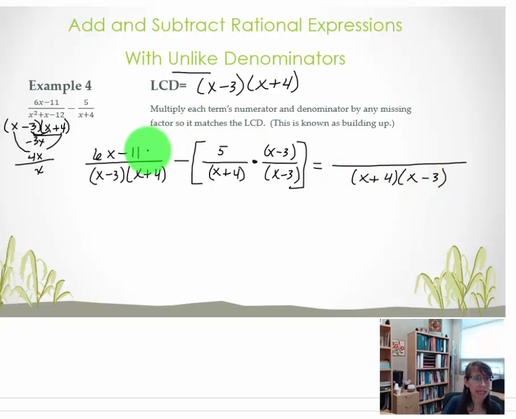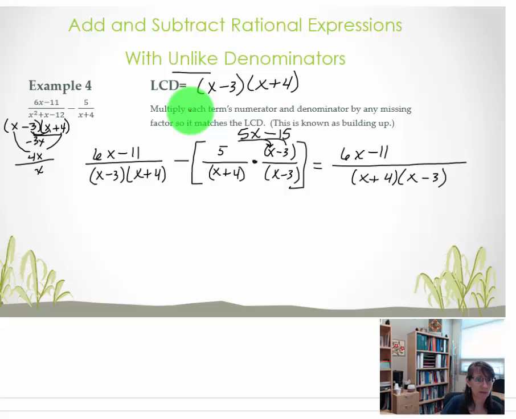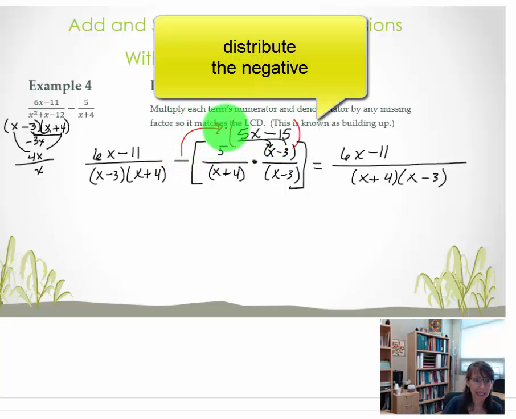Now let's see what is remaining in our numerator. 6x minus 11, we just copy. Inside the bracket is where you start. 5 times x is 5x. 5 times minus 3 is minus 15. However, we have a minus out here, so we have to distribute that negative to each term. That is minus 5x plus 15.